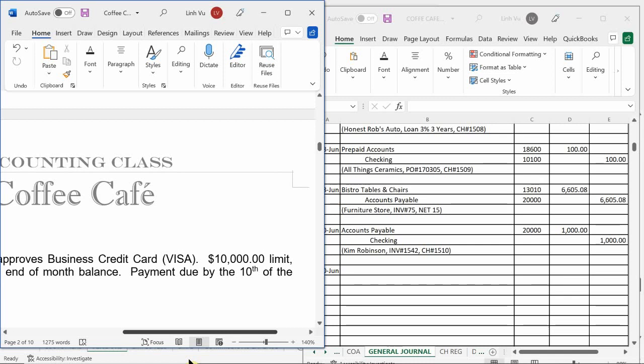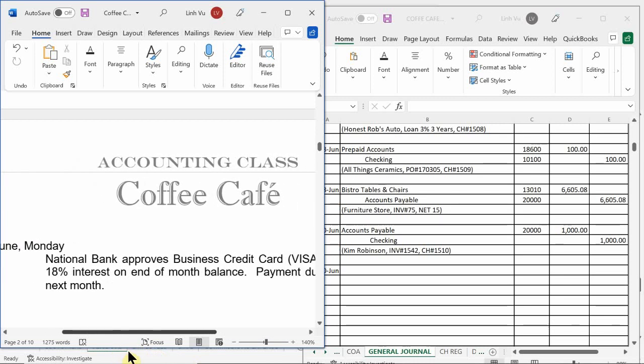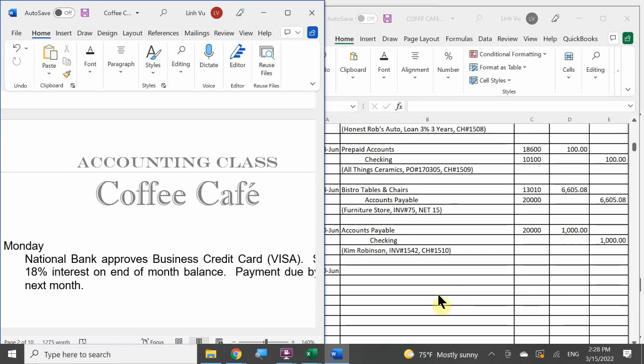So when we do end up receiving a credit card statement, we're not unaware of what's going on. So where can we put this information for the future? The subsidiary ledger is going to be correct.